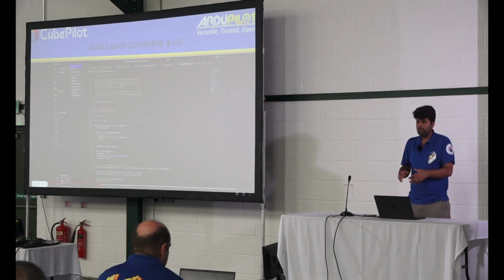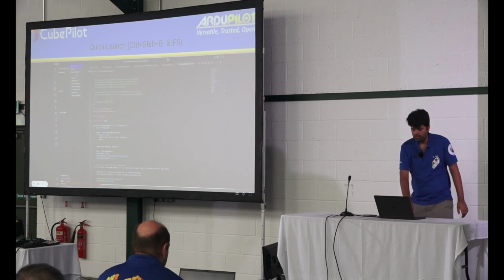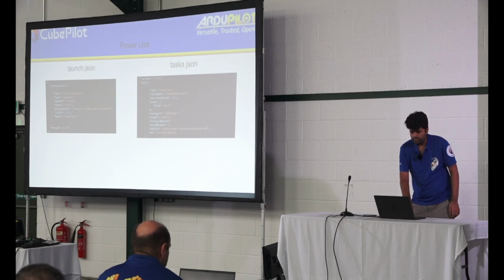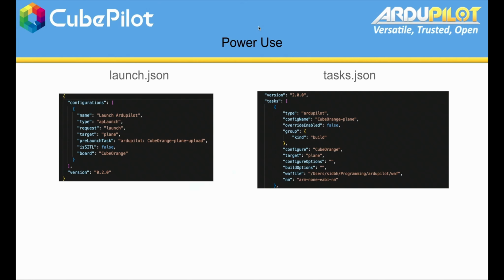So that's another one of the quick iterations. When I'm developing, it makes it really quick to iterate between changes and actually running the debug. So this power usage is available as well if you want to explore.